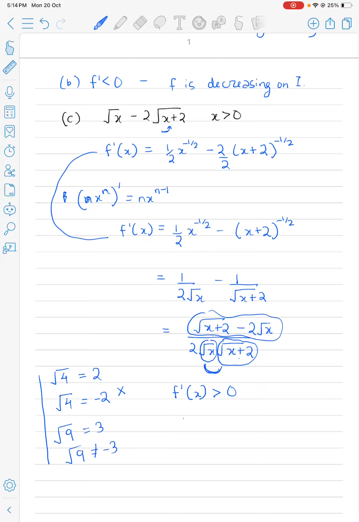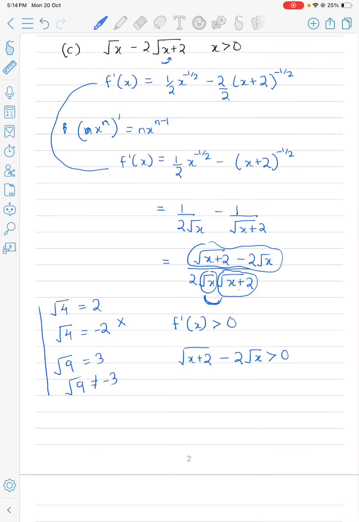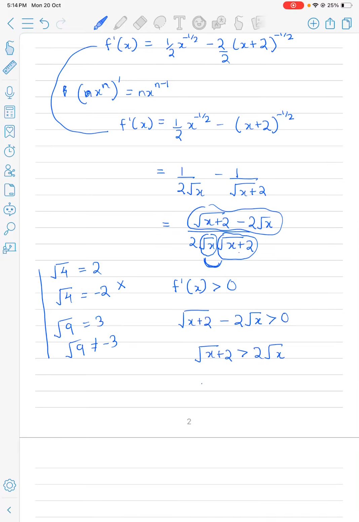Okay, so let's see where it is greater than 0. Okay, so this will be x plus 2 is greater than 2 root x. Okay, can you square it? Yes, you can. So this will give x plus 2 is greater than 4x. Okay, and now 2 is greater than 3x. So again, this will be 2 by 3 is greater than x.